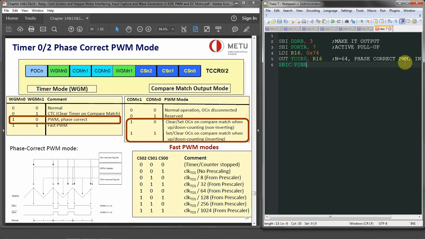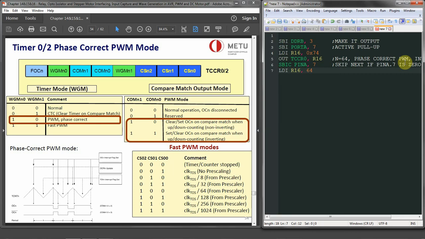So in A7, we can say skip next if pin A7 is 0. So if it is not 0, we have to load R16 with the value which we found, 64 for 25% duty cycle.